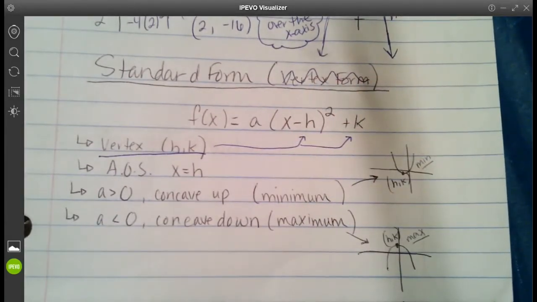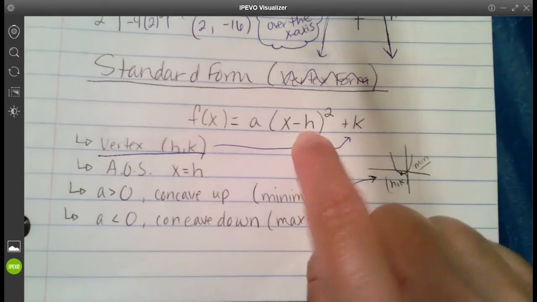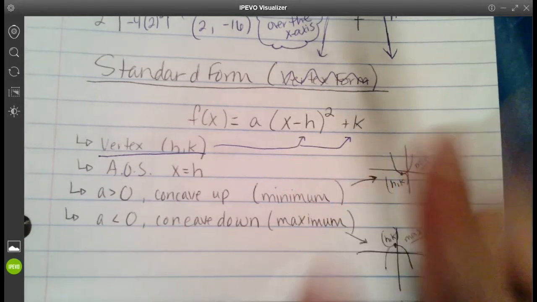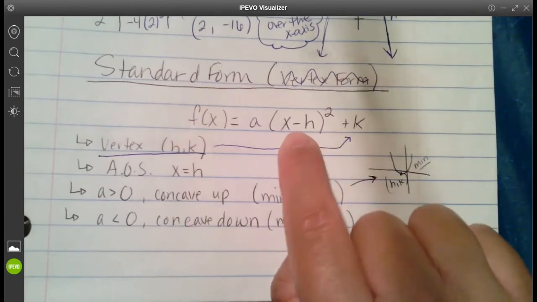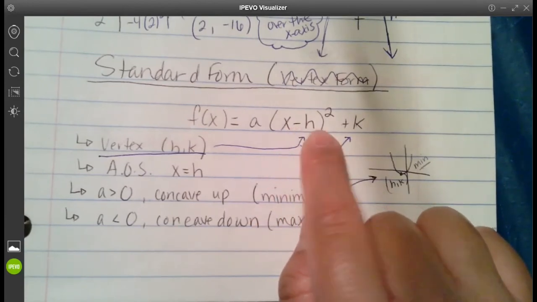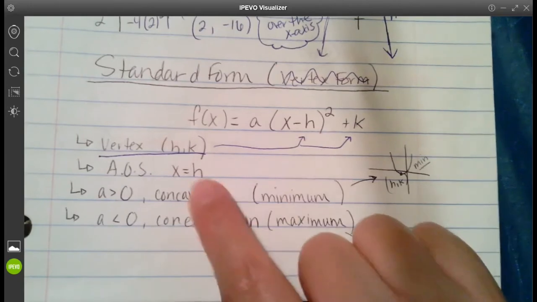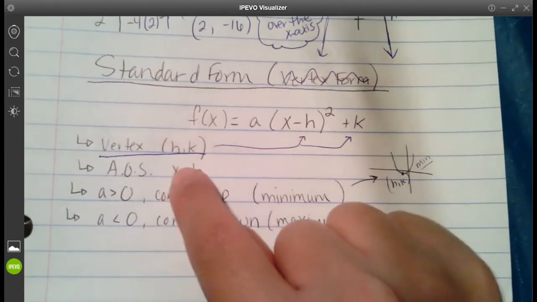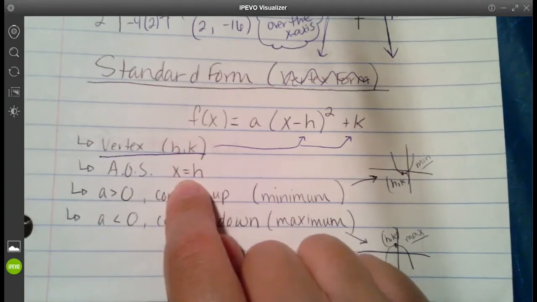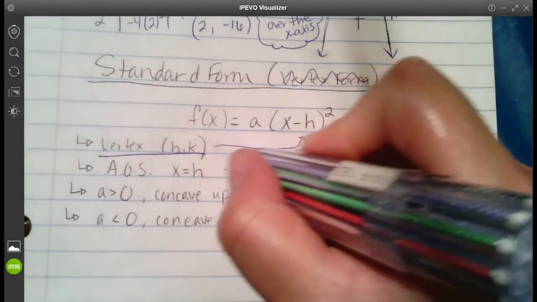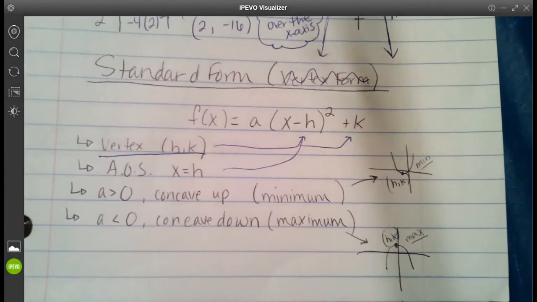You used to learn in the past that usually this part is the opposite of whatever you see, and this is the same. That's one way to think about it. Remember from our previous lesson that this minus here is the reason why this becomes the opposite, okay? Our axis of symmetry is the line that goes right through the vertex, so it's just the same as your h. So this would be whatever you get from here, okay?